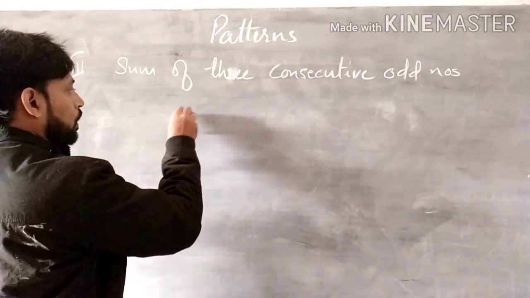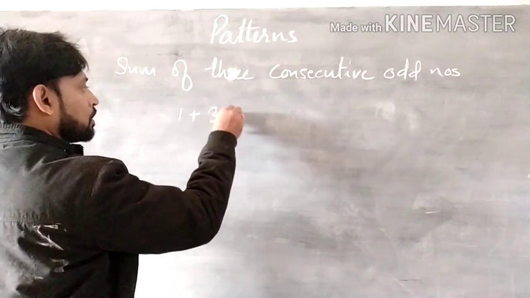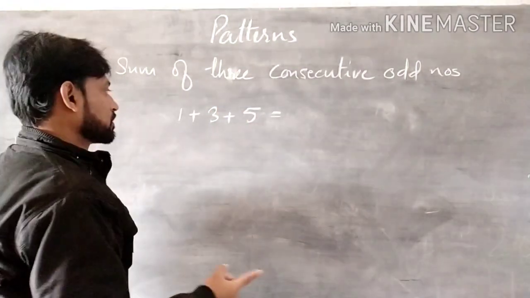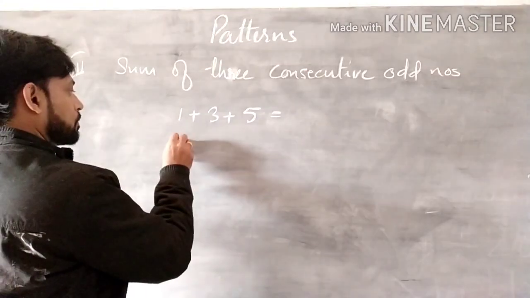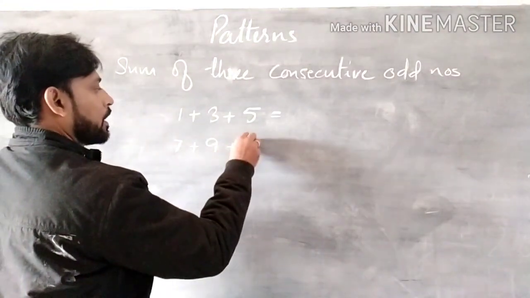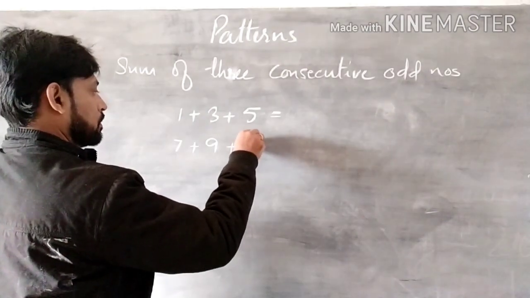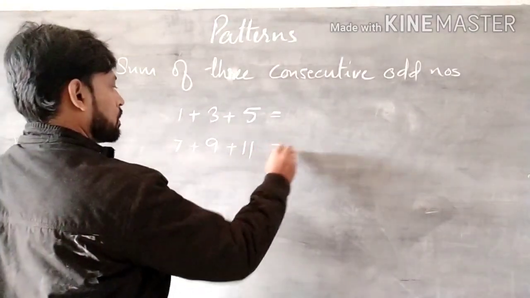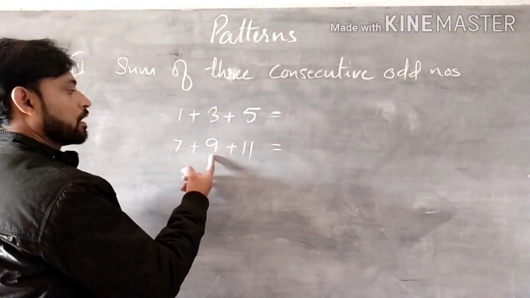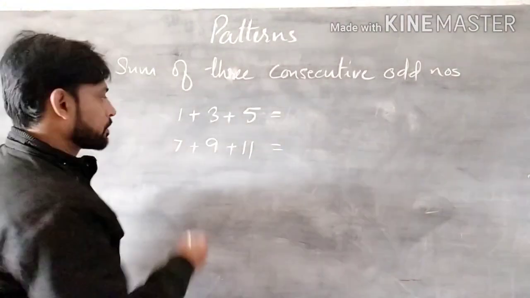Suppose 1 plus 3 plus 5. This is consecutive odd numbers, 3 odd numbers. Suppose 7, 9 and 11. So these 7, 9, 11 are consecutive odd numbers.